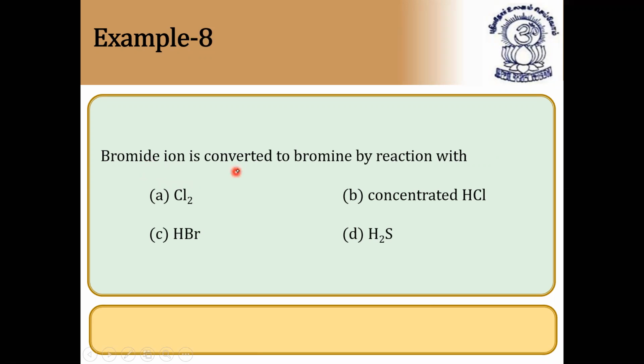Bromide ion is converted into bromine by reaction with chlorine, concentrated HCl, HBr, or H2S. So answer is Cl2, because chlorine is the oxidizing agent. Bromide ion is -1 and it is changing to bromine, which is 0, so there is an increase in oxidation state. Since chlorine is the oxidizing agent, it oxidizes bromide ion to bromine.